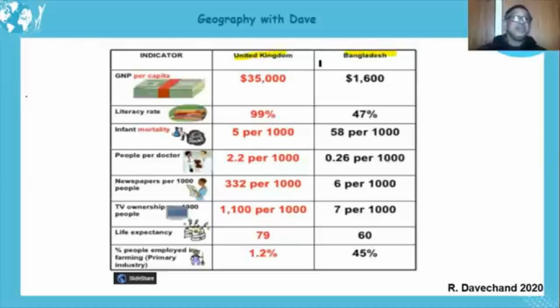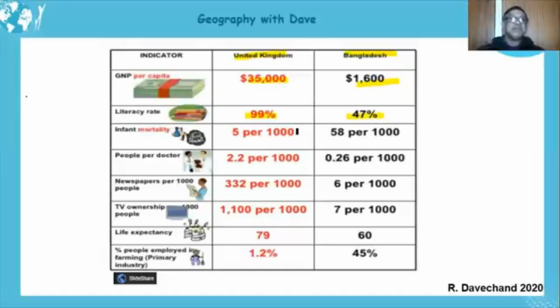Look at the per capita income, learners. For the United Kingdom, the per capita GNP is $35,000. Bangladesh, 1,600. Massive difference. Literacy rate, 99% in the United Kingdom. Bangladesh, 47%.